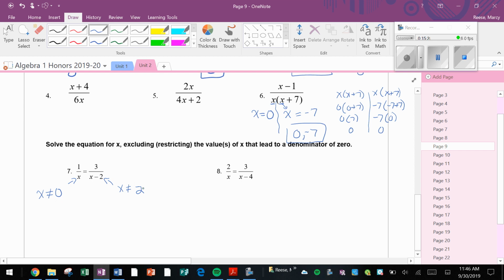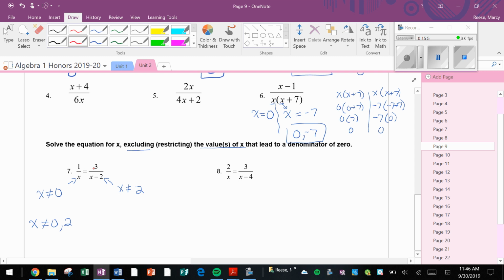So when I'm excluding the values of x, right? I'm going to write it this way. X will never be 0 or 2. Right? I always list those first. Then what I'm going to do is solve for the proportion. Now, you learned how to do this in the past.